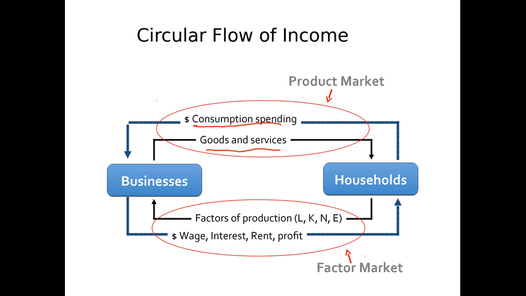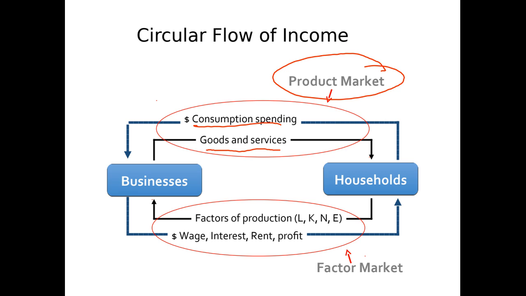Similarly, business sector is selling its goods and services through product market. So this is called product market. Product market is a place, maybe physical or virtual, where buyers and sellers interact and buy goods and services. That is product. That's why we call it product market.